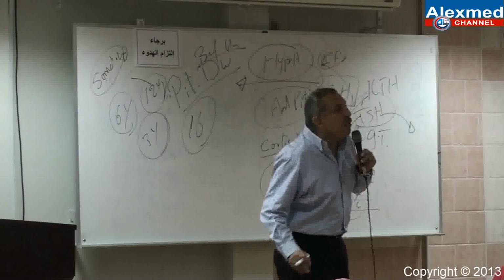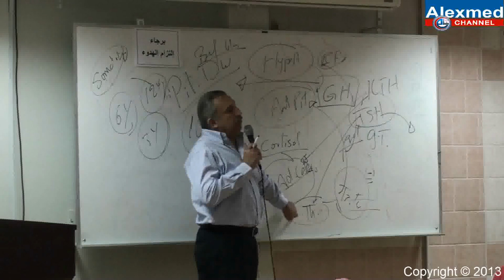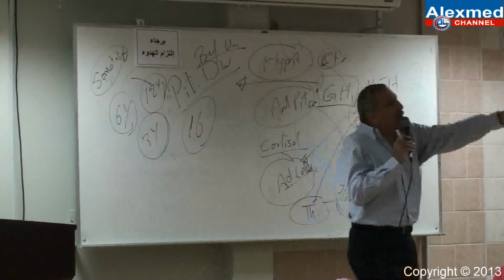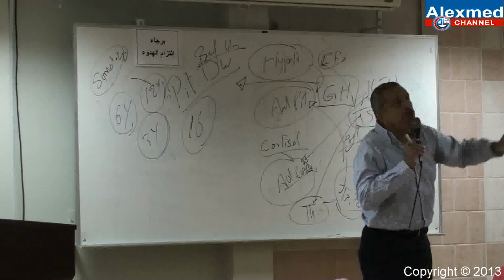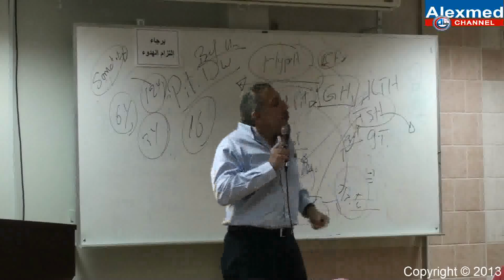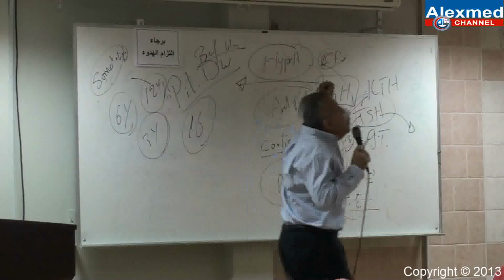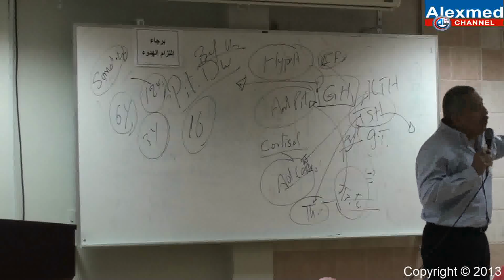What's the meaning of primary disease? Primary disease in the thyroid. The hypothyroid state is due to thyroid impairment. The thyroid gland is diseased itself. So if I'm going to give this gland TSH, what will happen? Nothing. Big zero.